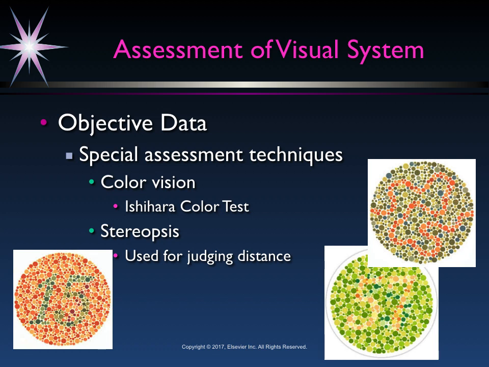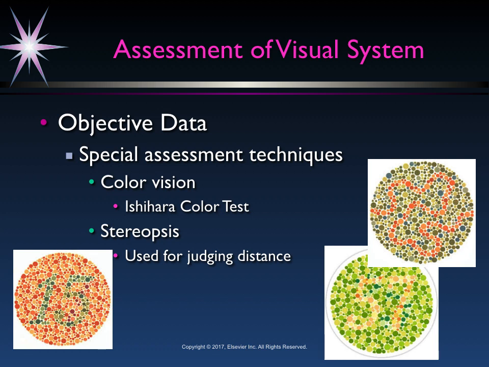Another thing that we want to do is check for color vision changes. This is done with an Ishihara color test, and these are all examples of the Ishihara color test. And if you aren't seeing numbers and shapes in these pictures, you may have a lack of color vision, which tends to be more common in men. So guys, can you see it?